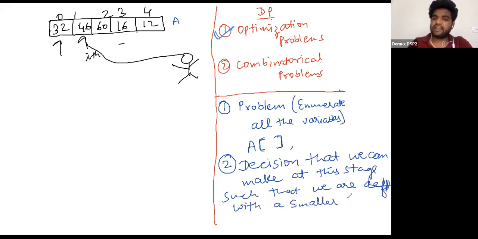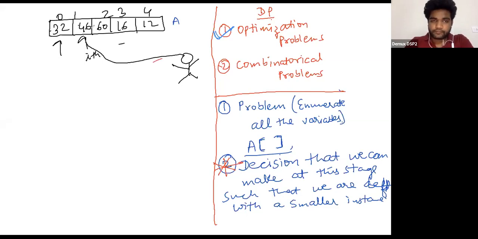This is the next thing that I will do once I have the problem and I know what are the variables in the problem. So this is probably the most crucial part of dynamic programming, recursion as well: what is the decision that you can make at this stage such that you are left with a smaller instance of the problem. And most of the time that we will be looking at dynamic programming, I will be showing you the different types of decisions that come up in these problems.